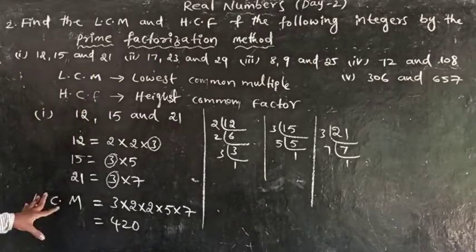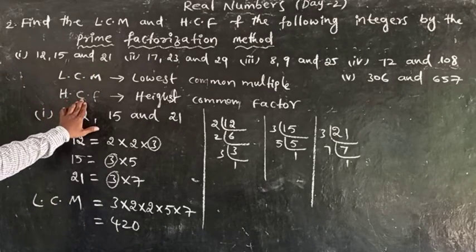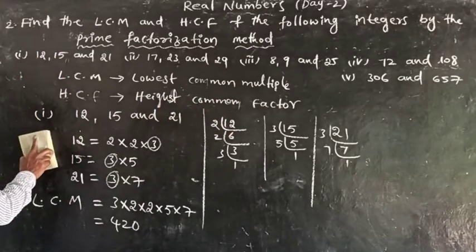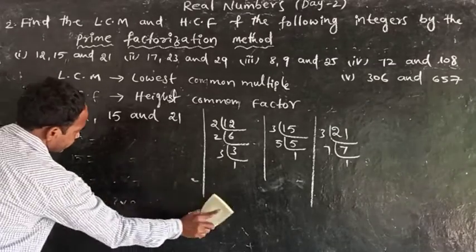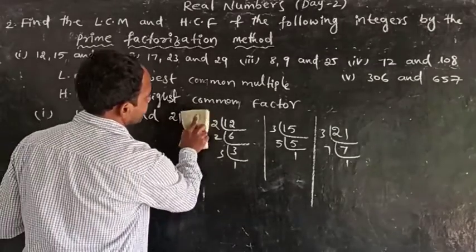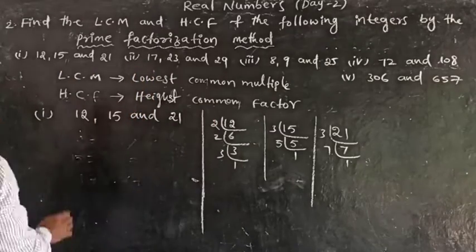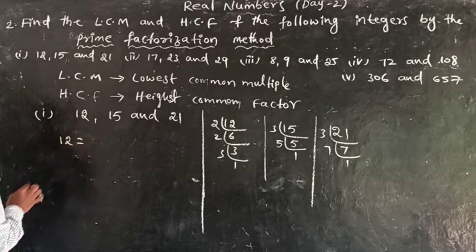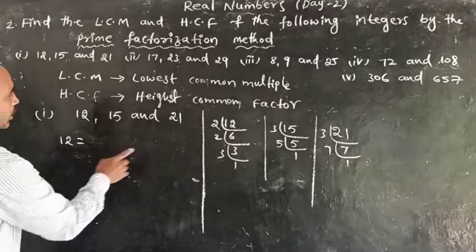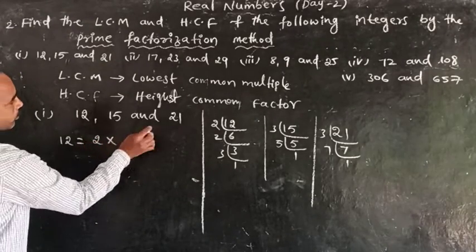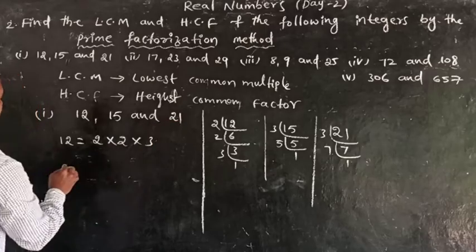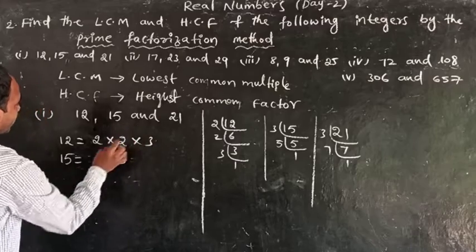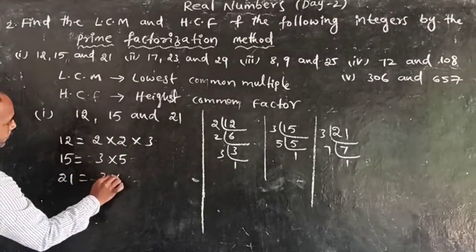Next we will find the HCF, the highest common factor, of these three numbers. Again we write the same prime factors: 12 is 2 into 2 into 3, 15 is 3 into 5, and 21 is 3 into 7.